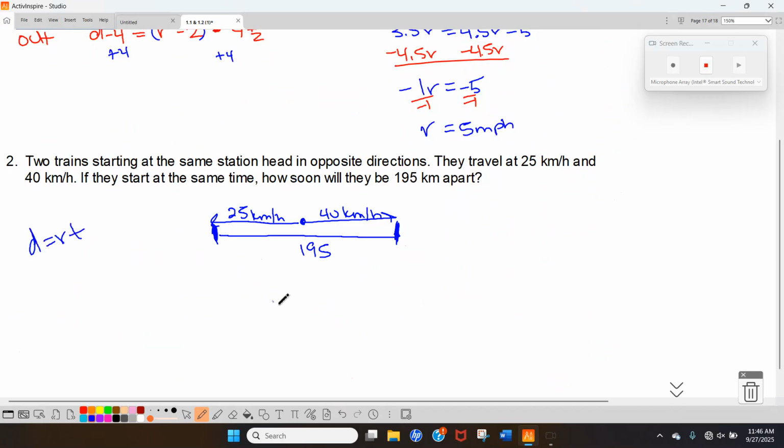So we want their total distance to be 195. This one's going 25 kilometers per hour. And this one's going 40 kilometers per hour. So H is the hours that they've been going. And then we can just solve this.